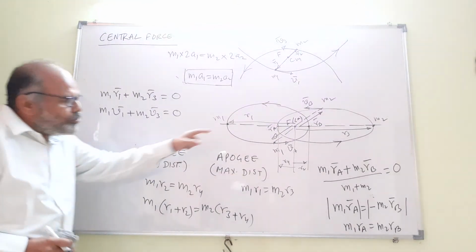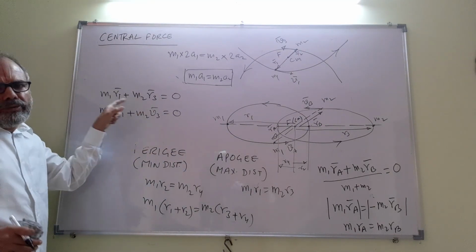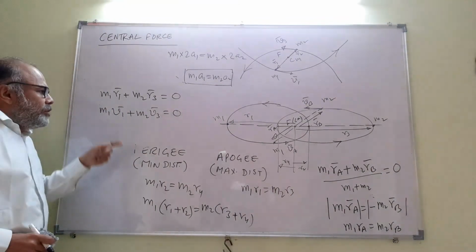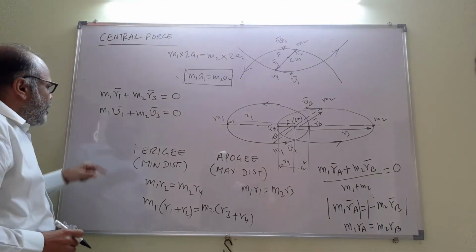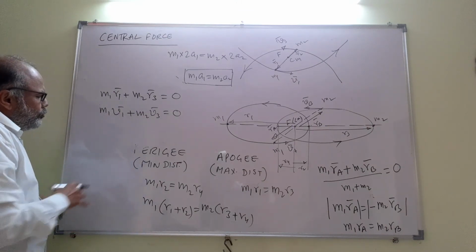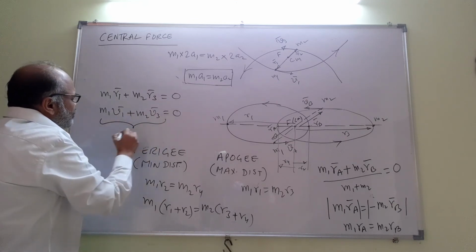Why do you say it is with respect to the center of mass? Because you have taken the positions with respect to the center of mass. So if you differentiate the positions with respect to the center of mass, you will get the velocities with respect to the center of mass. So you will have M1 V1 plus M2 V3 equals 0. This is nothing but the linear momentum of the system.